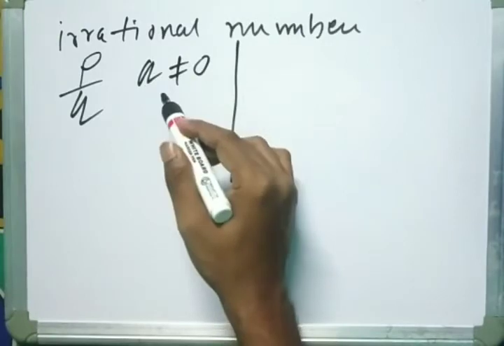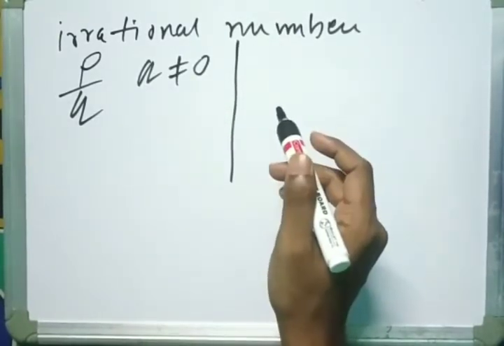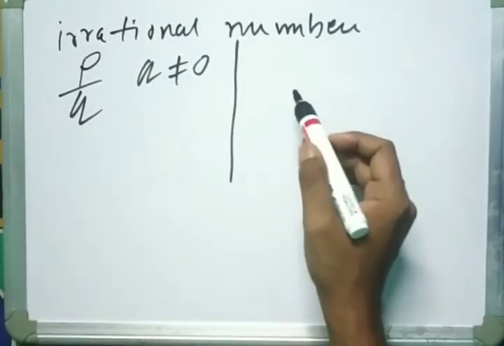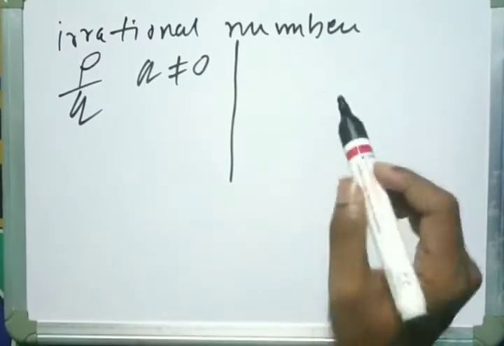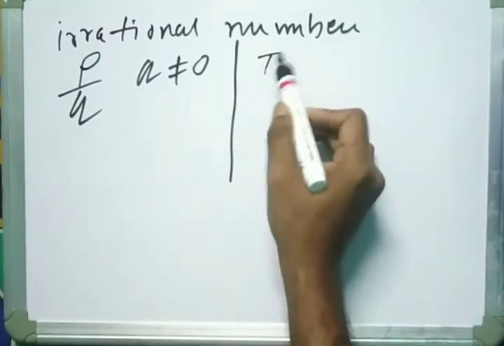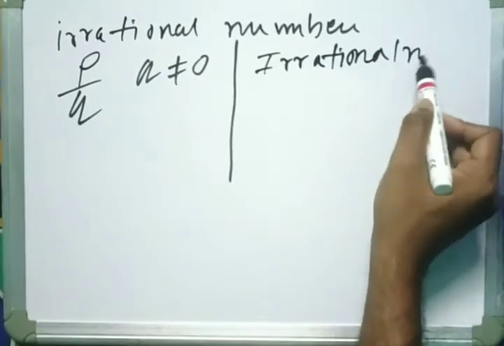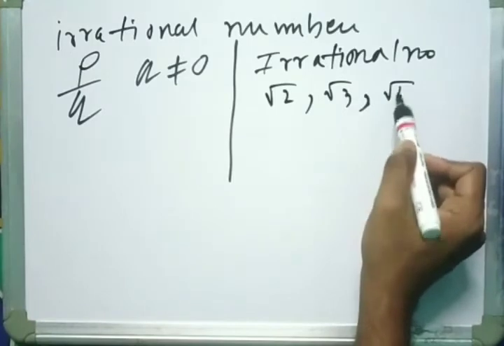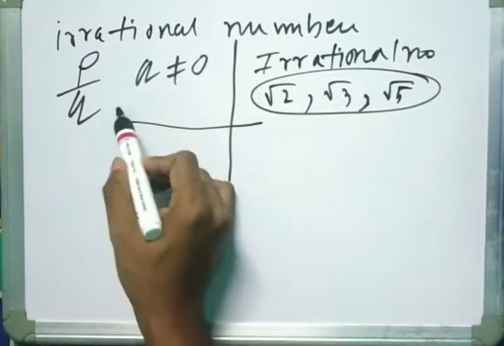But an irrational number is the opposite of that: the numbers which cannot be written as p by q, where p and q are integers. Like root 2, root 3, root 5, we cannot write these numbers in the form of p by q.